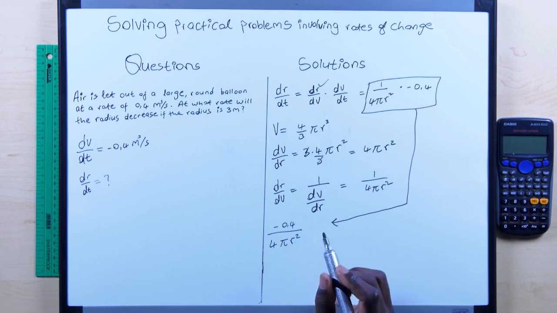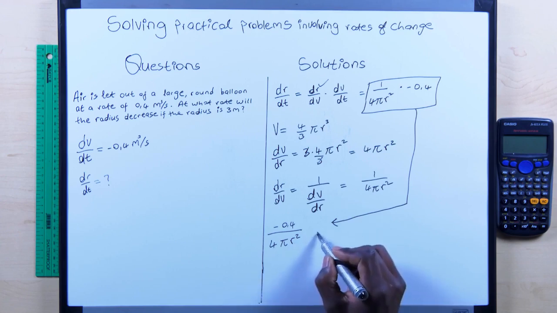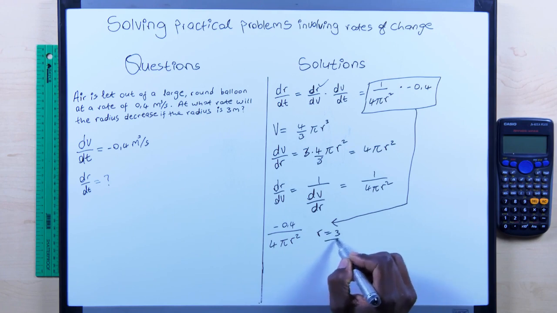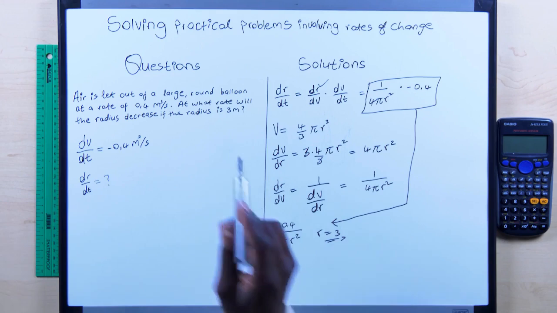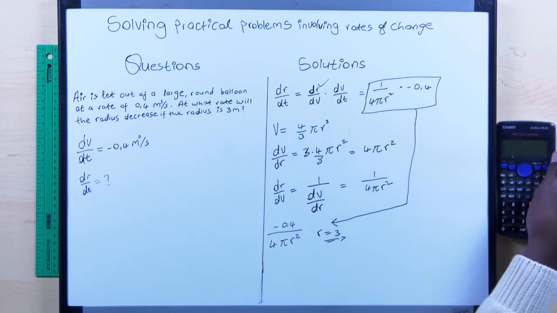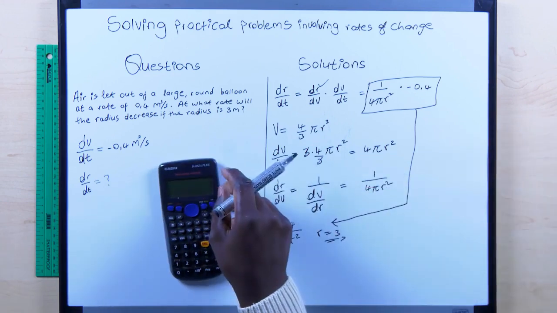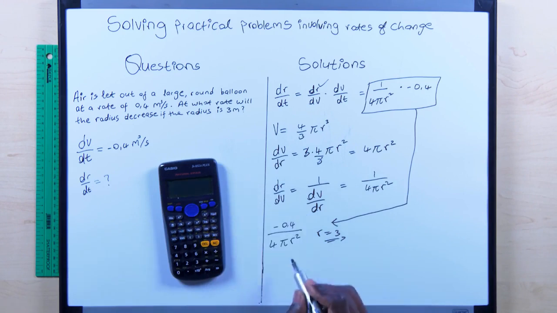We have a condition here. What is our condition? r is equal to 3. We've got that condition of a radius being equal to 3 meters. Let's then substitute. We're going to need the aid of our calculator. Minus 0.4 all over 4 pi, open bracket, 3 to the power 2. We need a solution here.